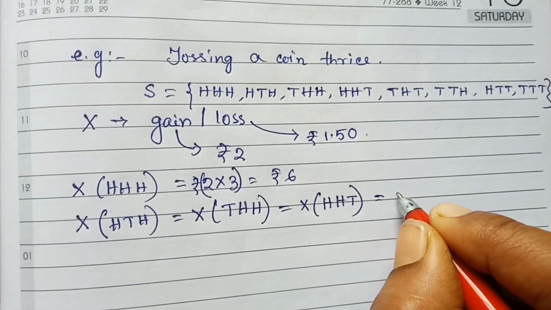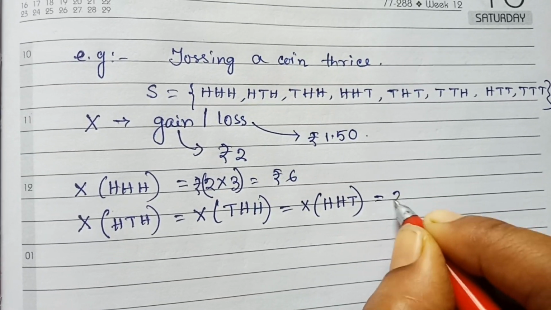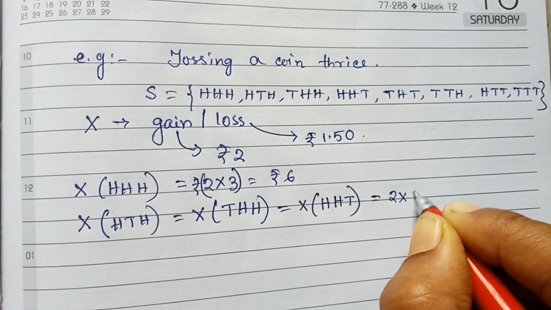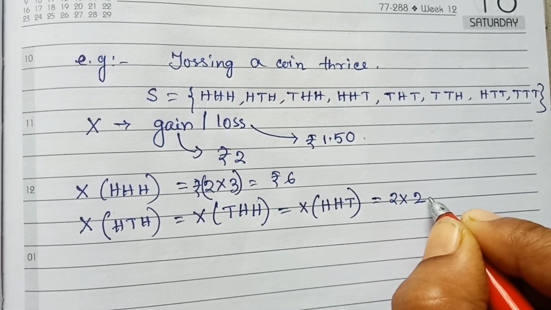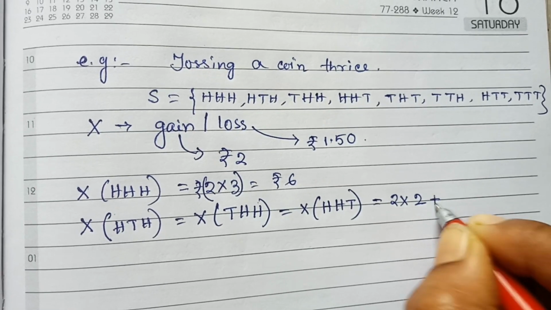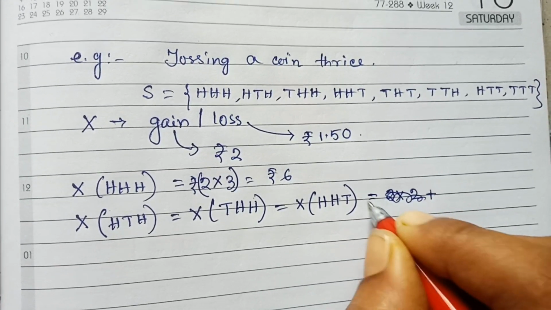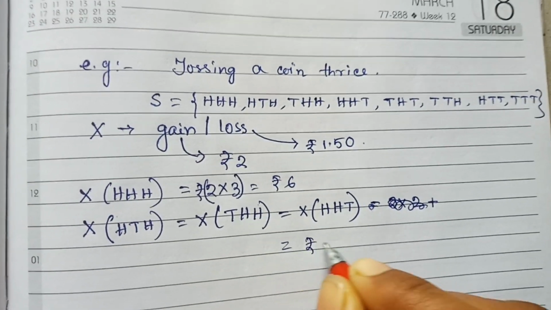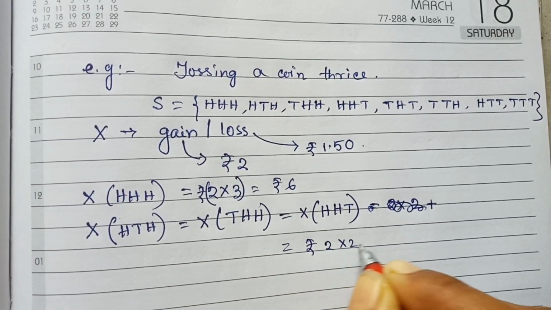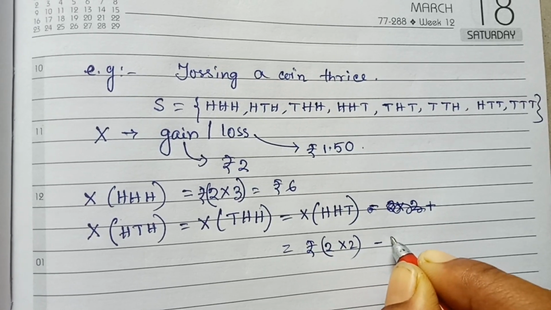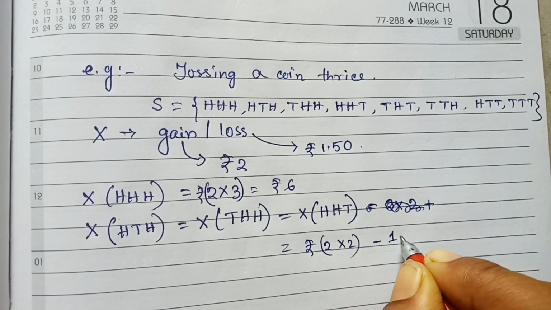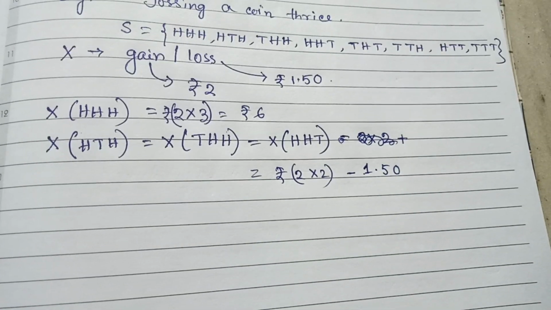That is 2 into 2 for the winning amount, plus the losing amount for 1 tail, that is minus 1.50.